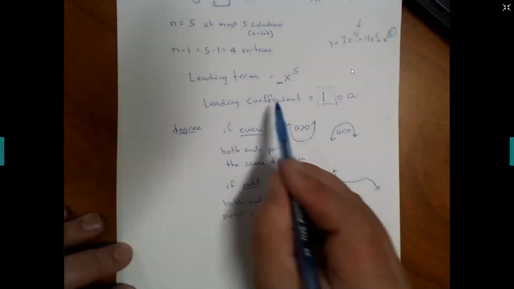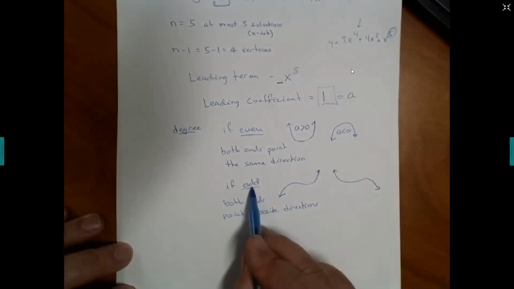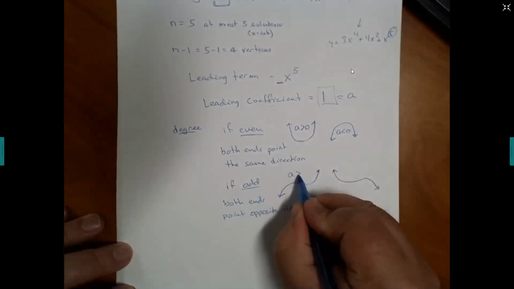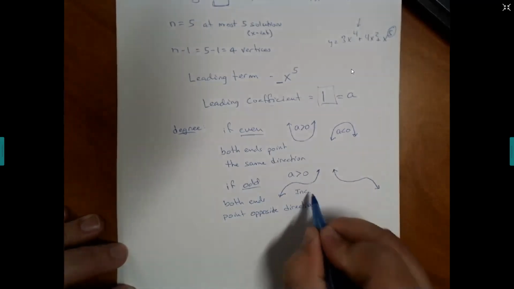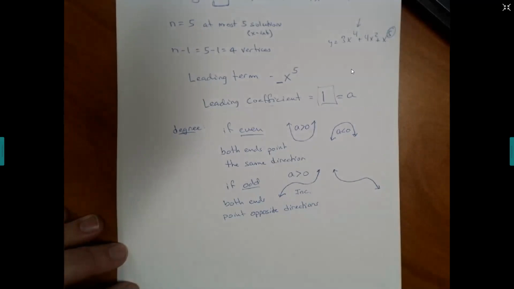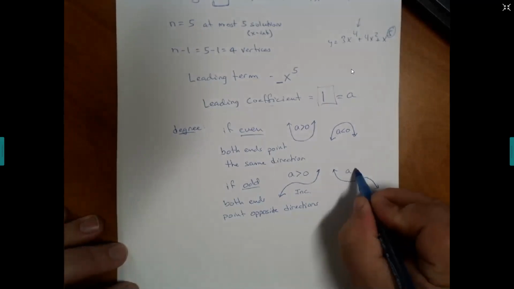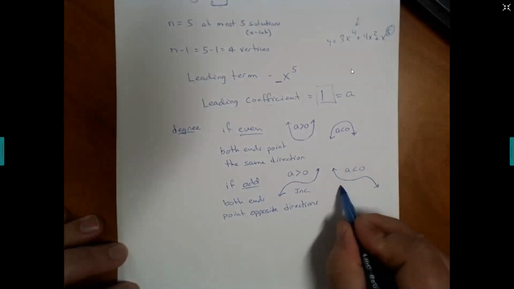This is the leading coefficient. Now, if it's odd, if A is positive, it's an increasing function. And if A is negative, it's a decreasing function.